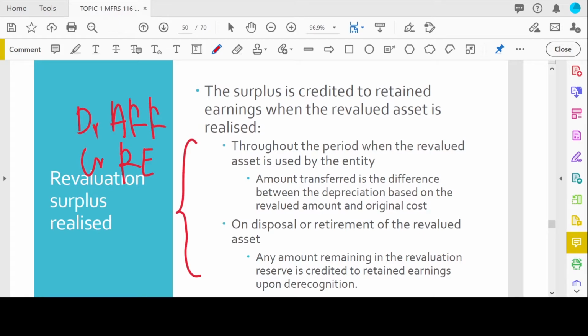For disposal or retirement, there shouldn't be any problem. Any balance remaining in the asset revaluation reserve account is to be credited to the retained earnings upon the derecognition of the revalued asset.